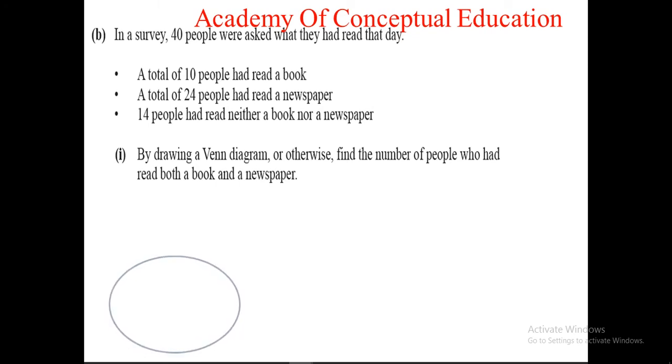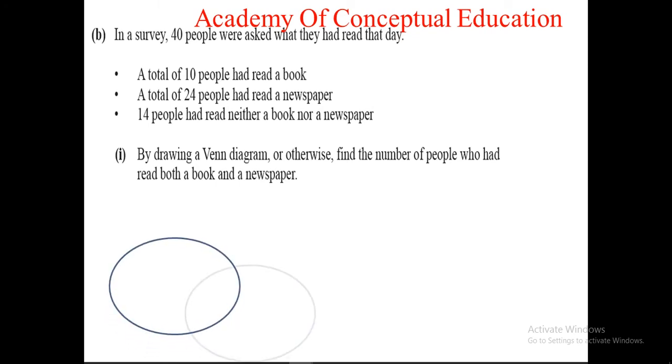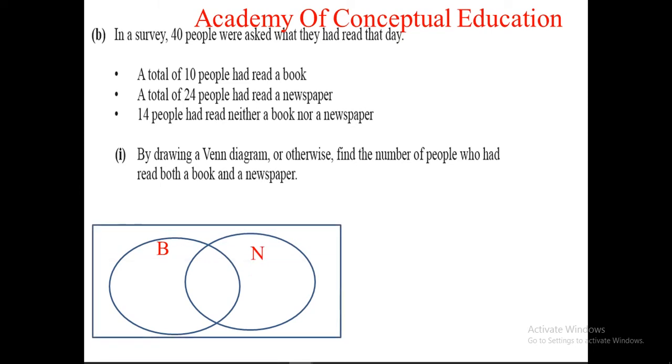Now let's start. Let's draw the Venn diagram. The first circle will represent the book and the second circle will represent the newspaper. This rectangular box will represent the universal set. First of all, 14 people had read neither a book nor a newspaper.